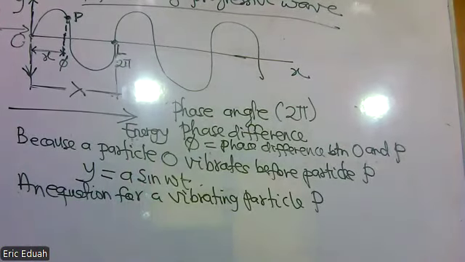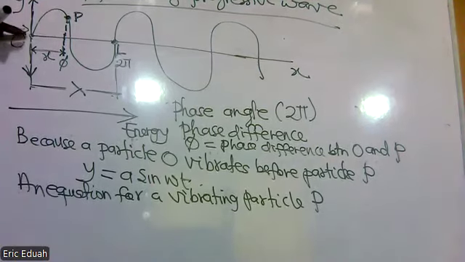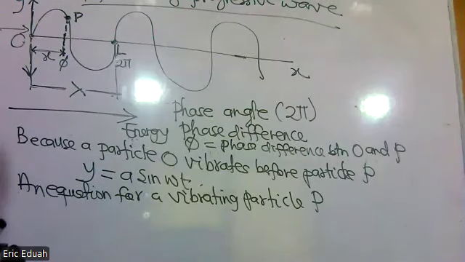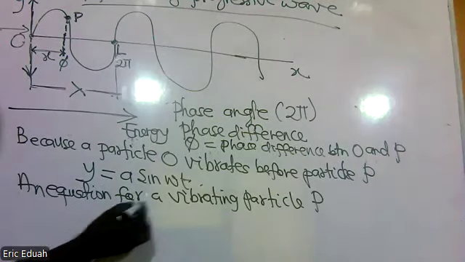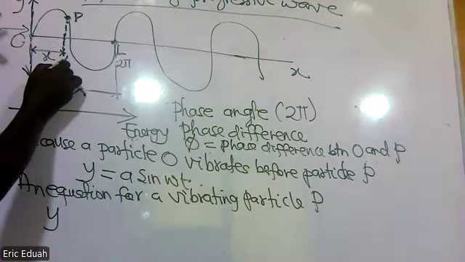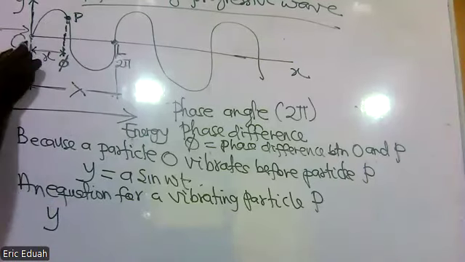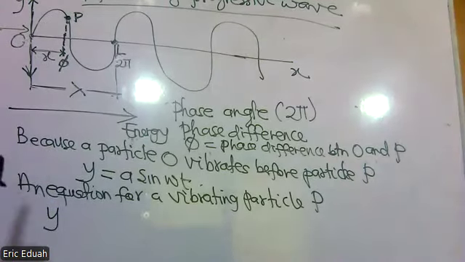You see, because O vibrates before P, the energy will hit O before P. So when we are writing an equation for particle P, we subtract the phase angle of P from O. Please listen to the reason.